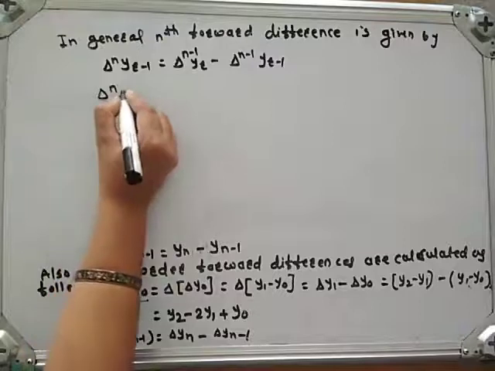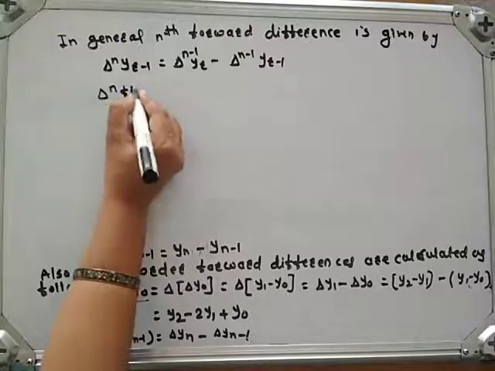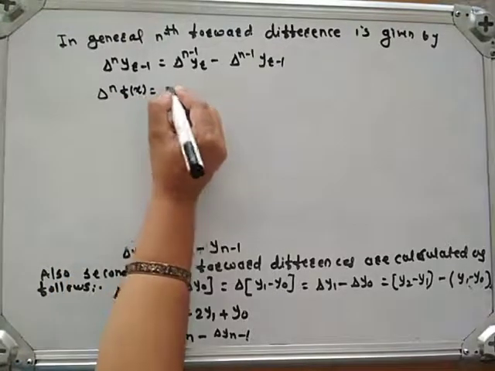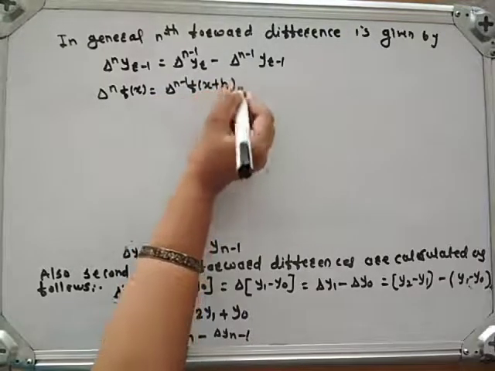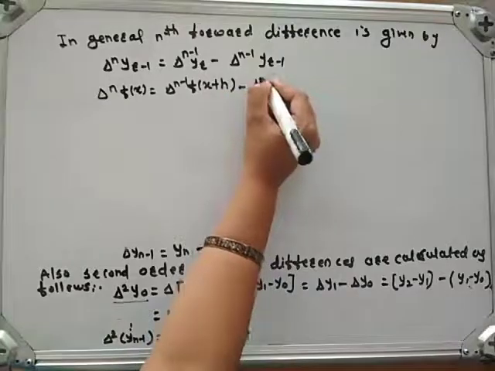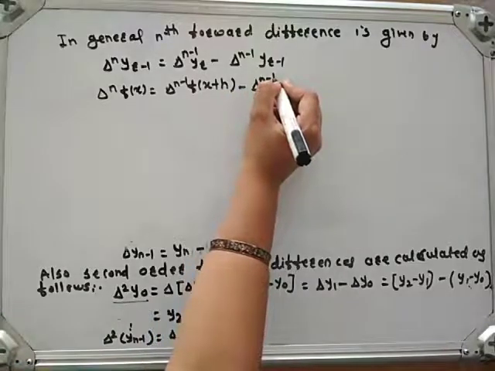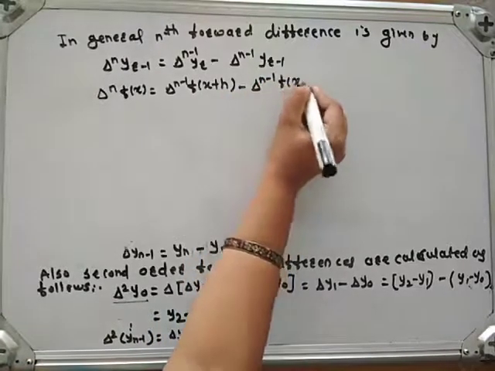This is nothing but delta raised to n f of x, which is equal to delta raised to n-1 f of x plus h minus delta raised to n-1 f of x.